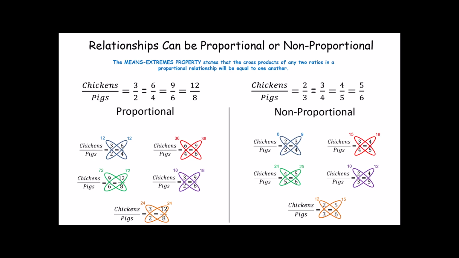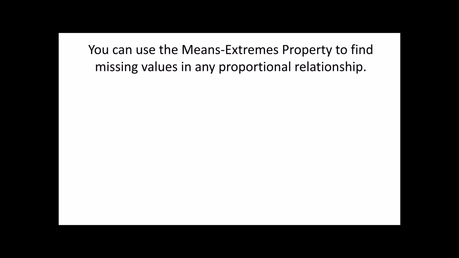But the value of the means extremes property goes way, way beyond that. We do have other less efficient ways to tell whether they're proportional or not. But if we know that a relationship is proportional, then we can use the means extremes property to find missing values. Say, for example, the amount of money someone earns is being compared to how many hours they work.